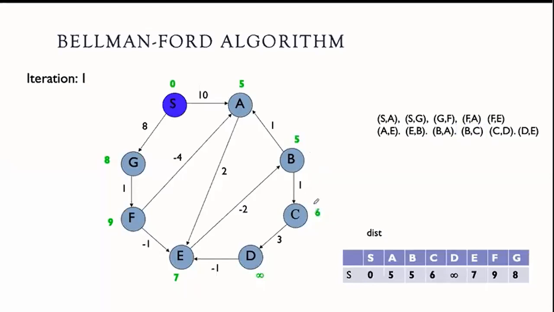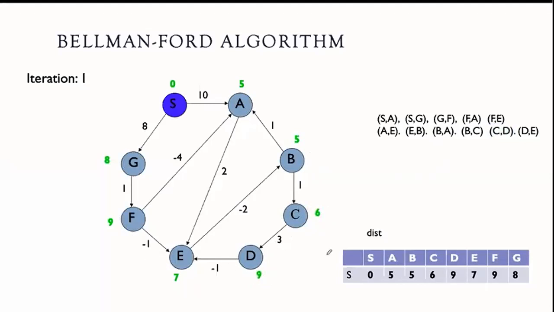So update the distance of C to 6. Next, C to D. Distance of D is infinite. 6 plus 3, 9 is less than infinite. So update the weight of D to 9.